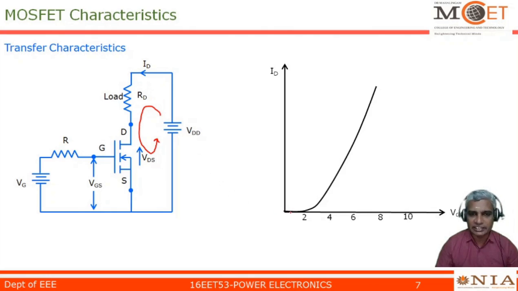So I will get a characteristic which is very similar to this. Again I repeat, in this characteristic we have VDD fixed, vary the VGS, observe ID and plot it.